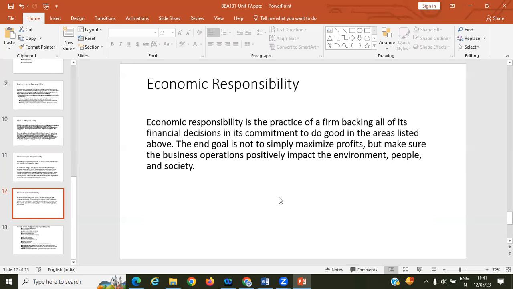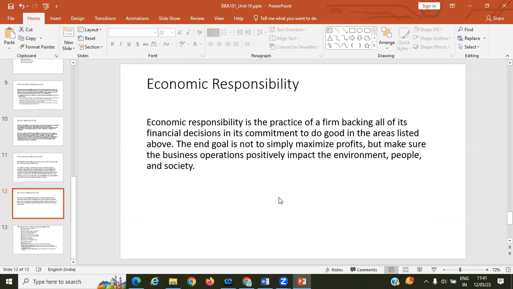Suppose you have a big company, and 500 people are working. If your company is increasing and developing and growing, all these 500 people are benefited. So you have to think in that way.